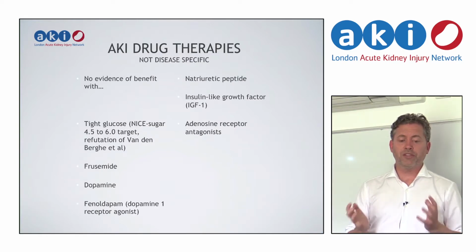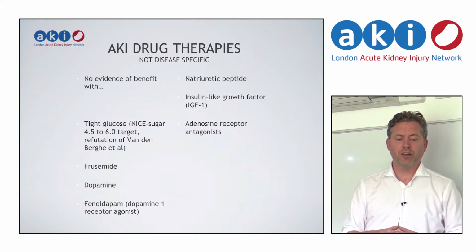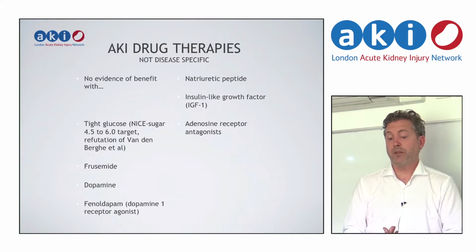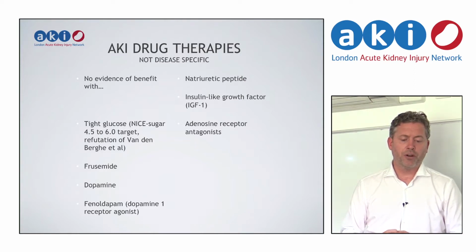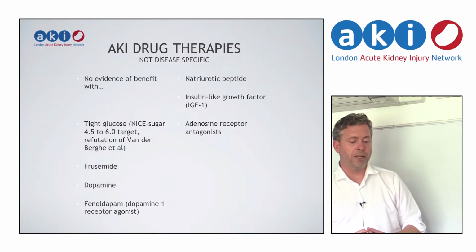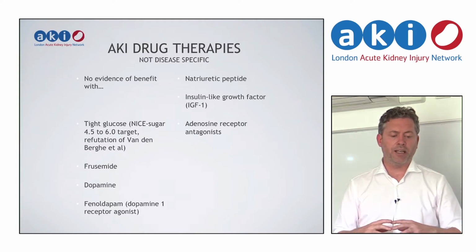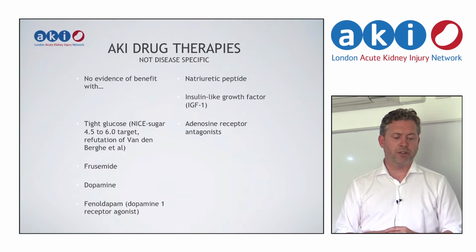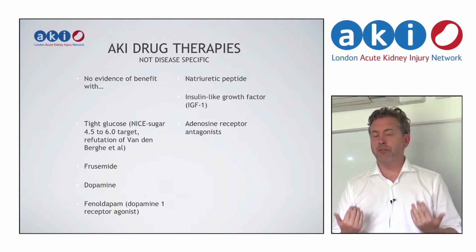There are no generic therapies for AKI, for the acute tubular injury of acute kidney injury due to toxicity, hypoperfusion, sepsis. So there are disease-specific therapies for many renal diseases, and these are well proven, but AKI per se, no specific drug therapies, and this is not no evidence, this is actually evidence of non-benefit.